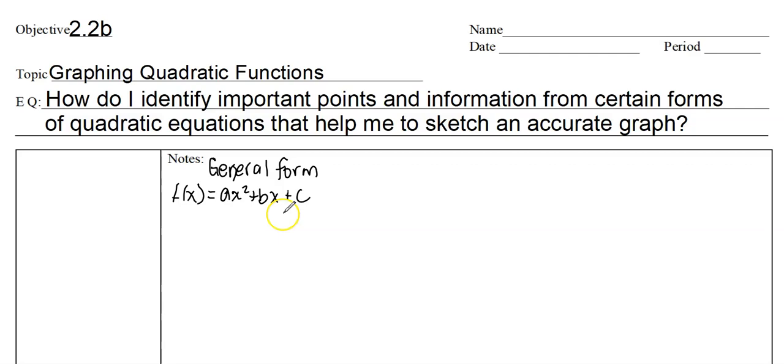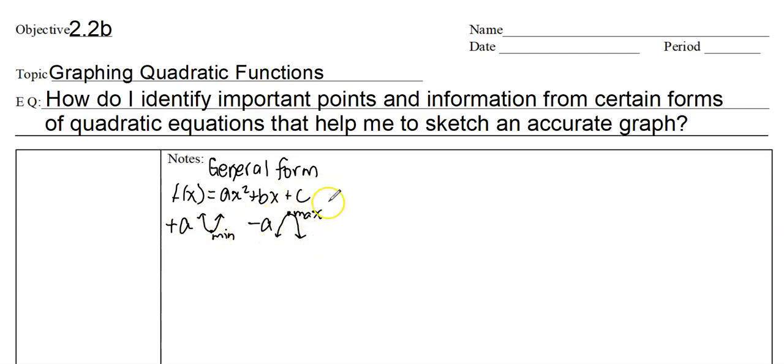And the important information we can get from that when an equation is written in general form, the a term, if it's positive, tells us that our parabola will open up and that our vertex is a minimum. And if we have a negative a, our parabola has a vertical flip and our vertex will be a maximum.